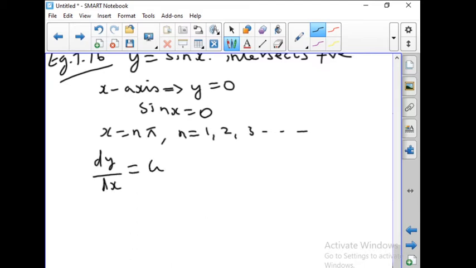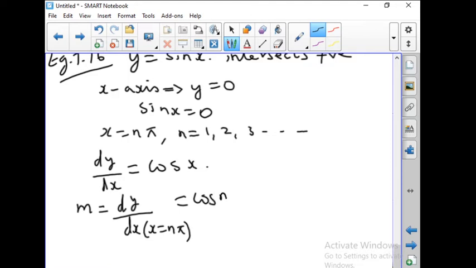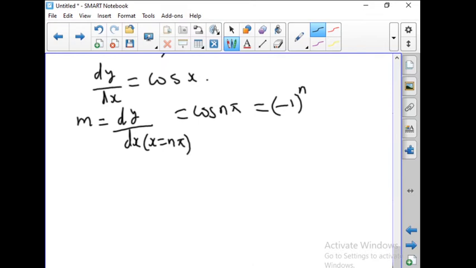Dy by dx is equal to cos x. So the slope at x is equal to n pi, let me call it m. M is dy by dx at x is equal to n pi, which is cos n pi. And we know that cos n pi is minus 1 power n, and sin n pi is 0.